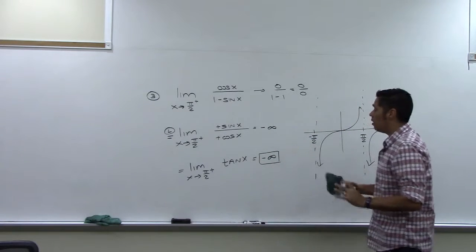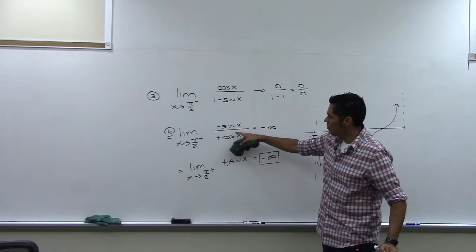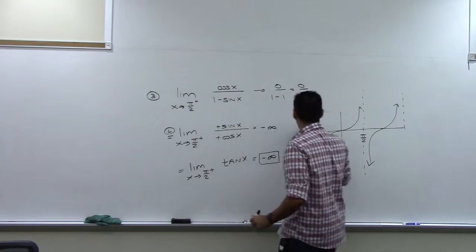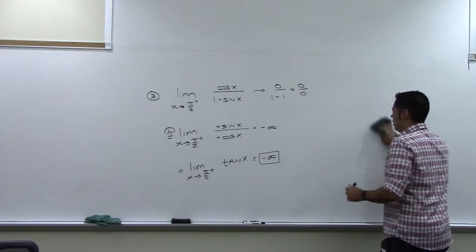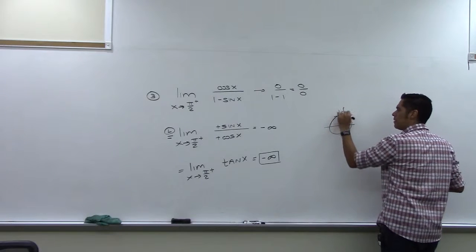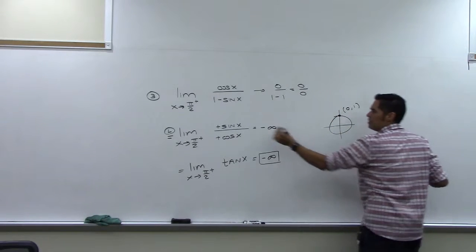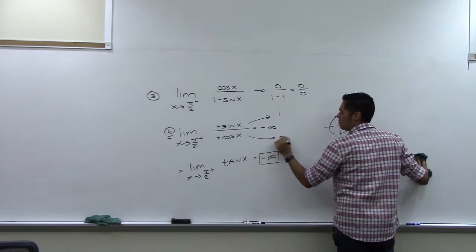Now we could have also got this by not turning it into tangent and just leaving it as this, and then looking at the unit circle again. Looking at pi over 2 again, sine of pi over 2 goes to 1. Cosine of pi over 2 goes to 0.